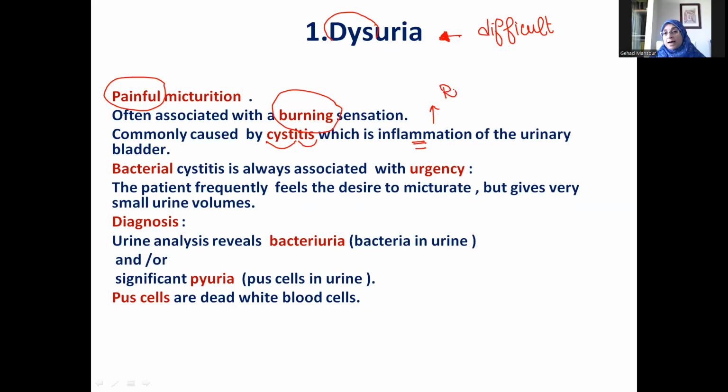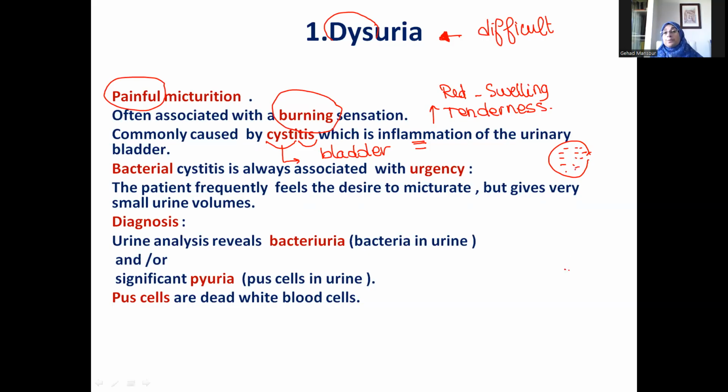That's to say, as we said before, redness, swelling, and tenderness if we're talking about the signs, or pain if we're talking about the symptoms. And the prefix cyst here refers to the bladder, because cyst, as you know, is a hollow sac that is filled with fluid.